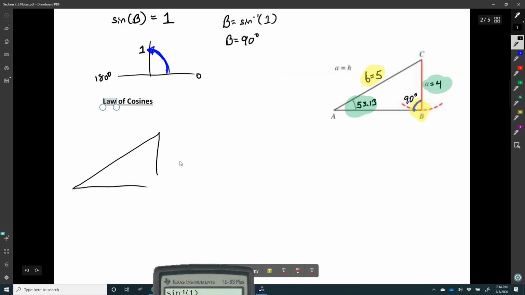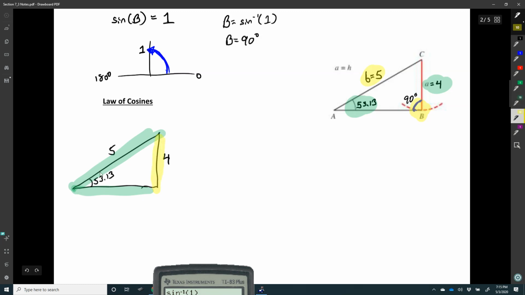I don't want to use the law of cosines. So 53.13, and 4. So that's what you're given. If you're doing the law of cosines, you have to use the angle between two sides. And the answer ends up being the angle opposite. So since this is the only angle I know, the two sides have to be 5 and C. You can call it X, whatever.